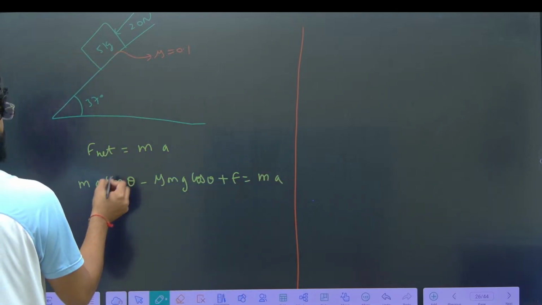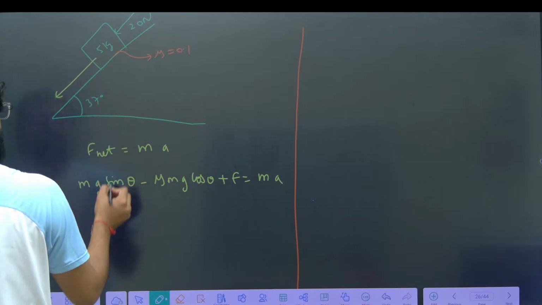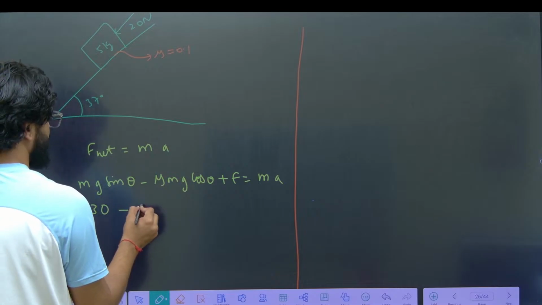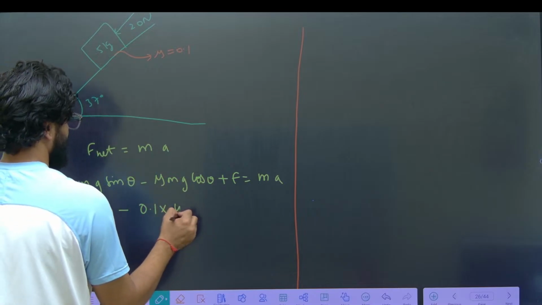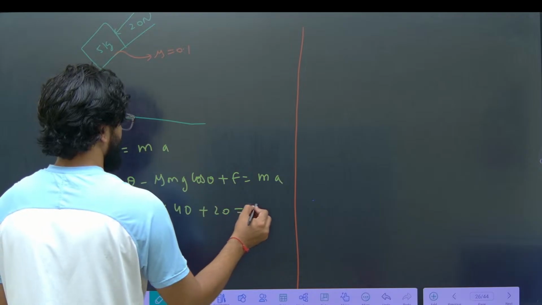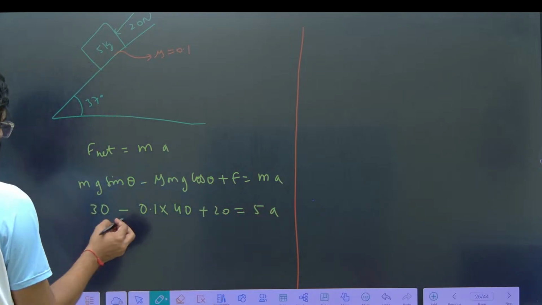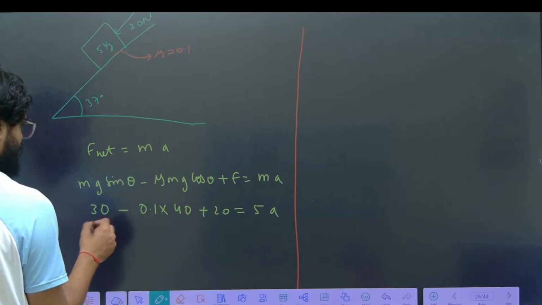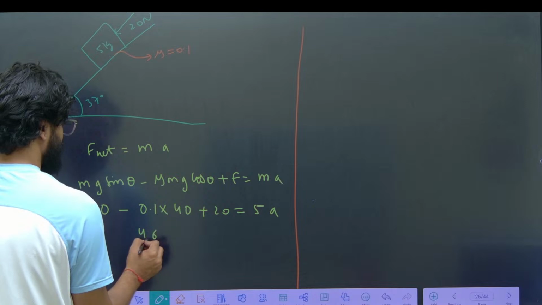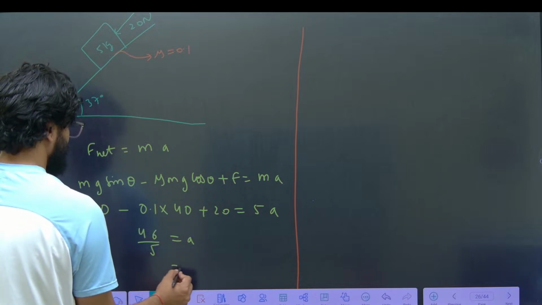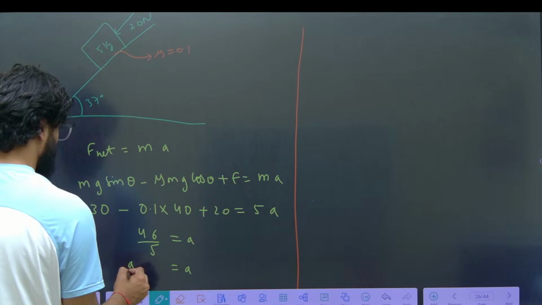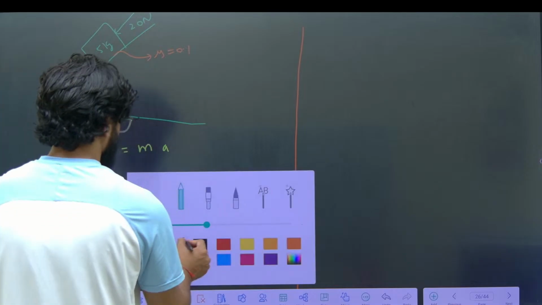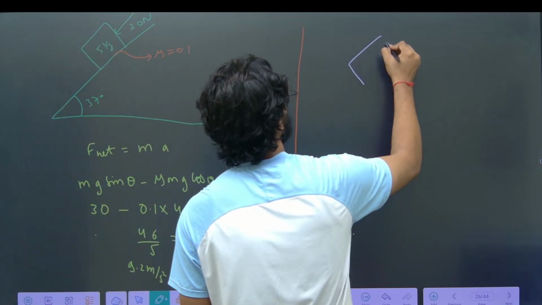So mg sine theta over here will be 30, correct, minus 0.1 mg cos theta would be 4, plus 20 equals 5a. So few mistakes are horrible, they will eat up your time. 46 by 5 is a, we can write in simpler terms 9.2 meter per second square, that is the acceleration. Okay, now we can have our 3 kg.